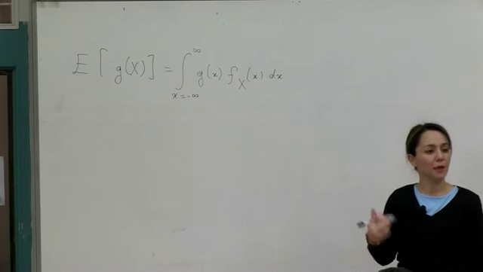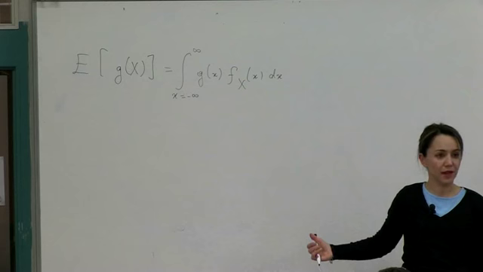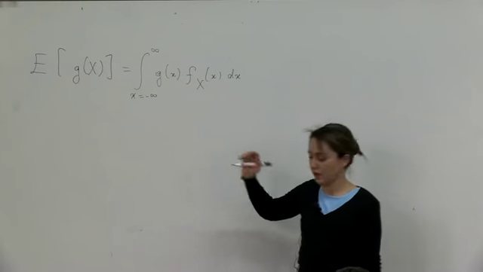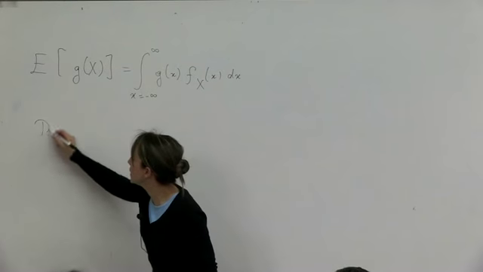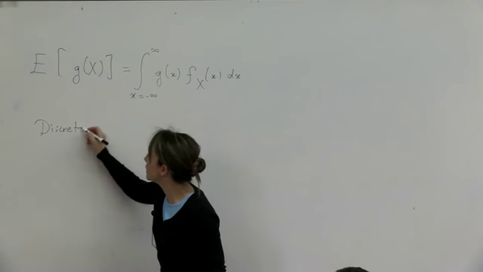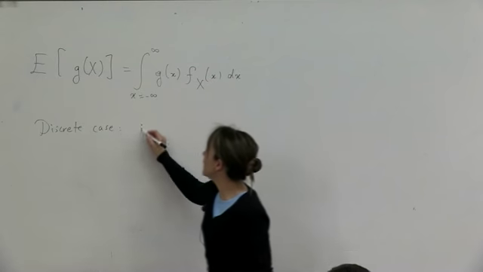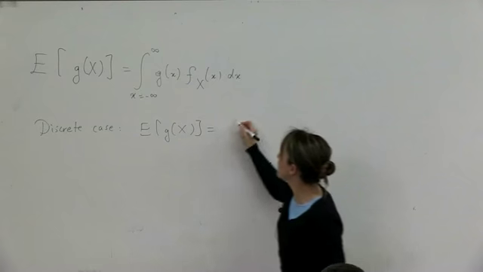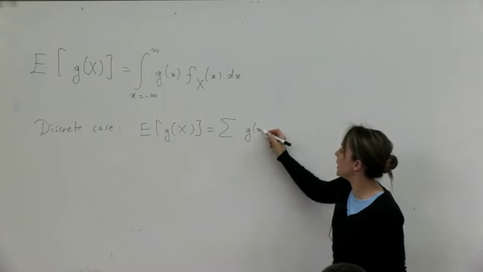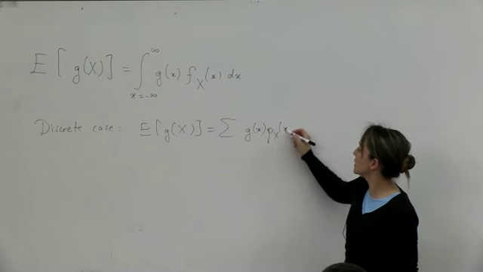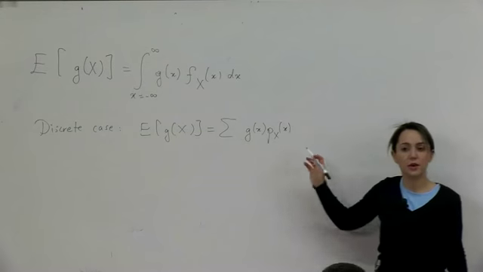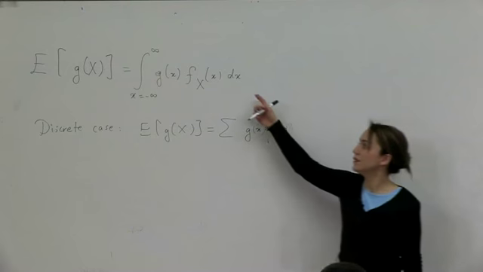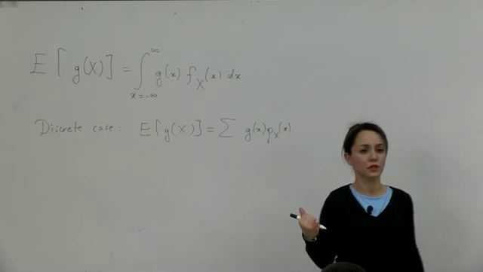Remember, in the discrete case, we did this with a summation. Let's remember the discrete case: the expected value of g(X), where X is a discrete random variable, is the summation of g(x) p_X(x), where p_X(x) was the PMF. So the same thing follows for this case too.